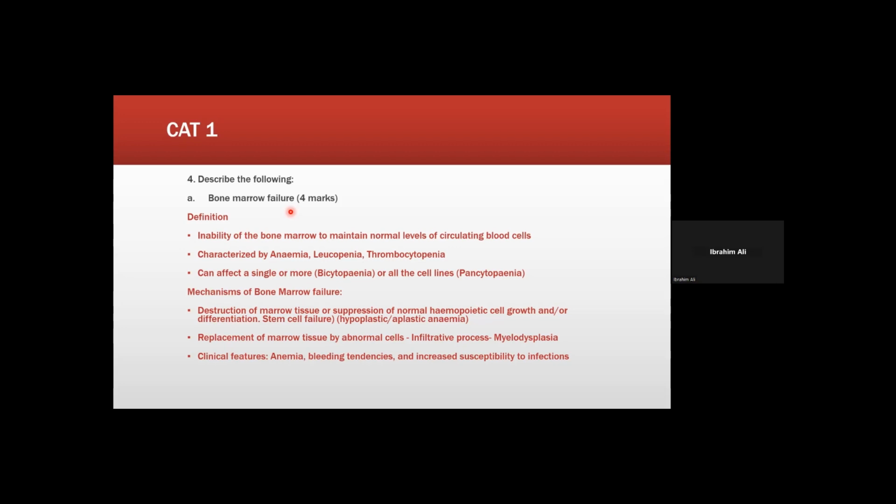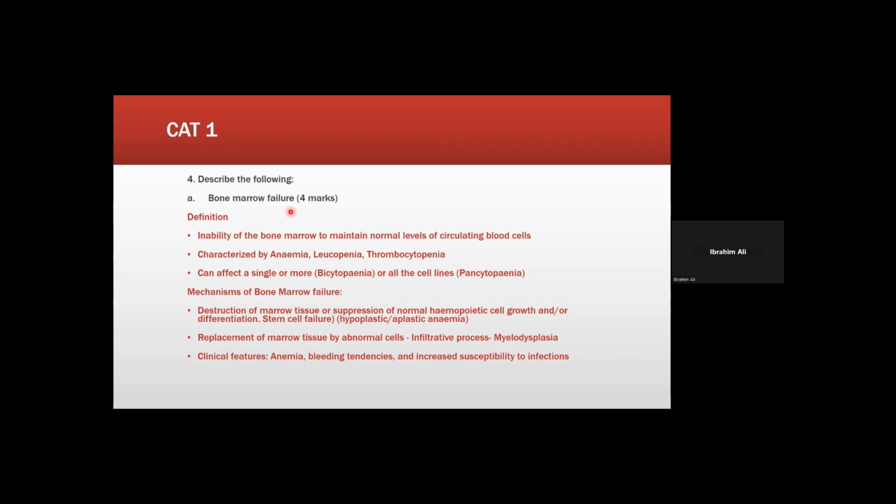It can be through destruction of marrow tissue or suppression of normal hemopoietic cells. Many things can cause it, as we're going to cover, like cytotoxic drugs such as methotrexate. I think we're going to cover those in pharmacology, anti-cancer drugs.